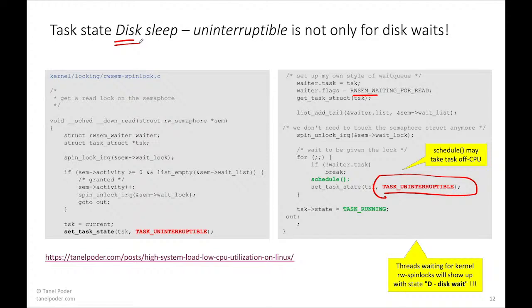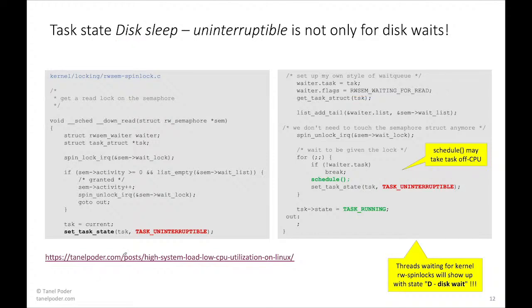So we are not actually waiting for I/O to complete or even got into the part of submitting the I/O. We are stuck in a file system layer, for example, waiting for a lock because of contention, and that will also show up as disk sleep. So the D state usually is disk I/O, but not always.